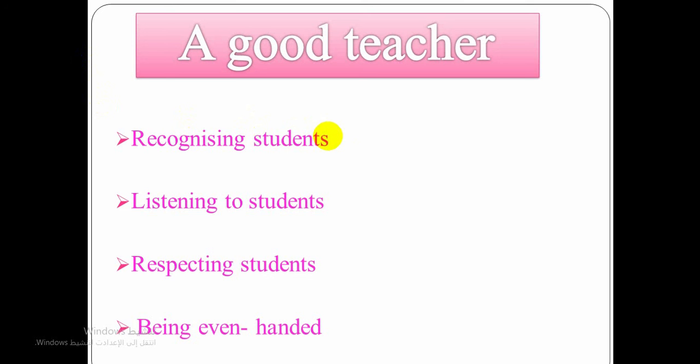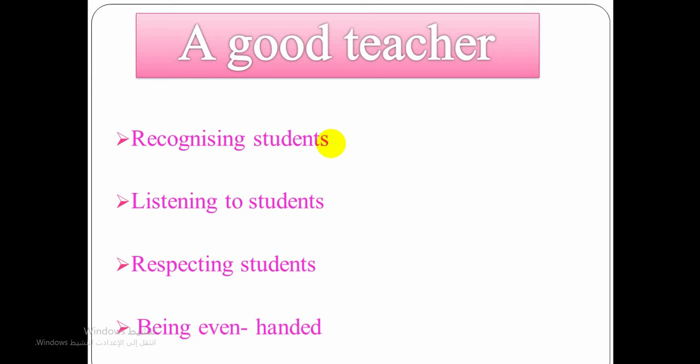But do you think that if the teacher is recognizing students, he can identify or separate among students if they are more than 8 or 9 groups? The teacher can distinguish among students just to know their names.